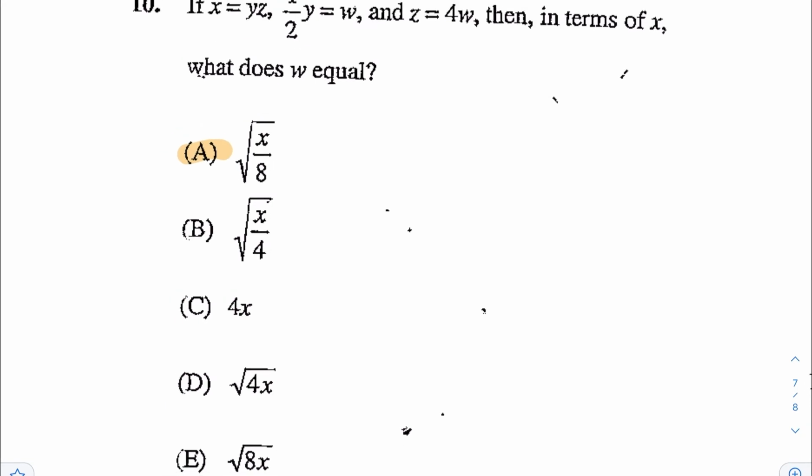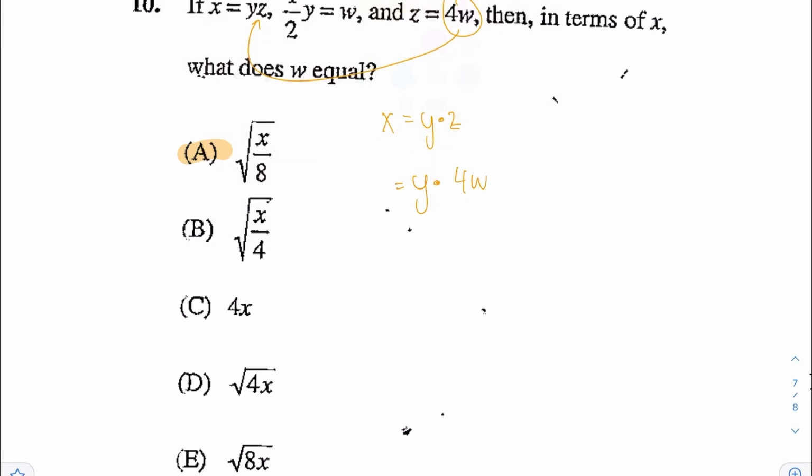Next for number 10, if x is equal to yz and 1/2 of y is equal to w and z is equal to 4w, then in terms of x, what does w equal? So now z is equal to 4w, so you can replace z with 4w. So x, instead of being y times z, will be equal to y times 4w.